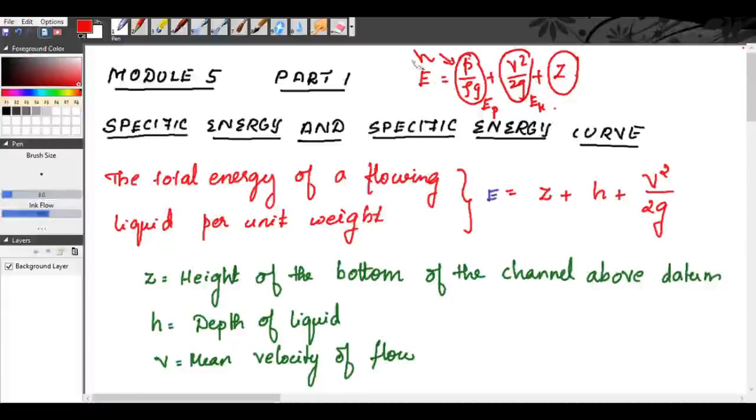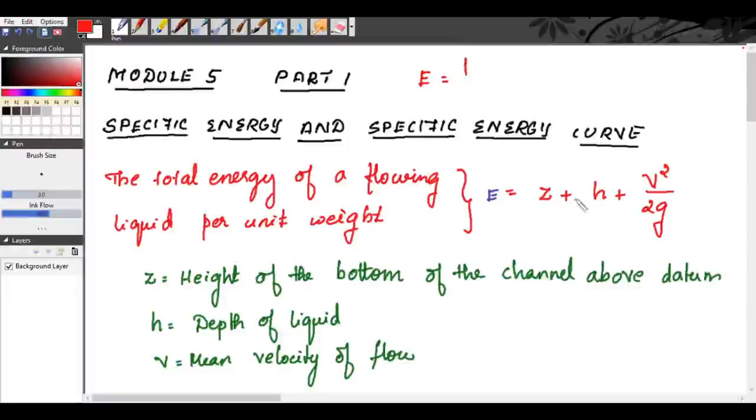We have studied this concept earlier, I think in module 3. The total energy of a flowing liquid per unit weight is given as E equal to Z plus H plus V square by 2G: datum head plus potential energy head plus kinetic energy head.